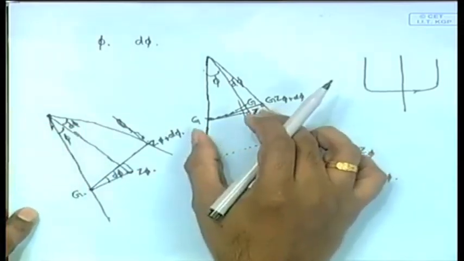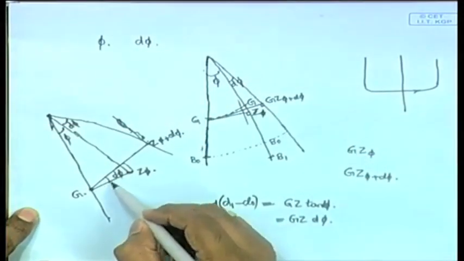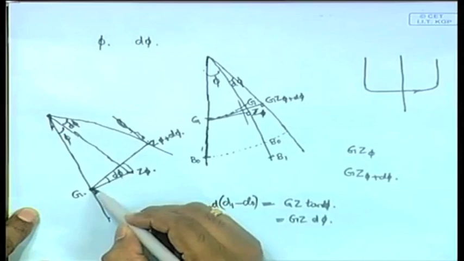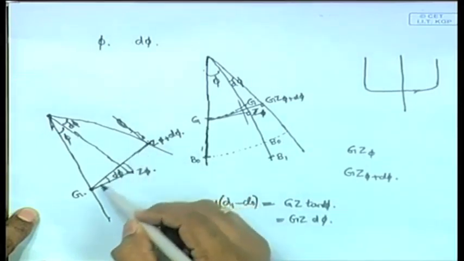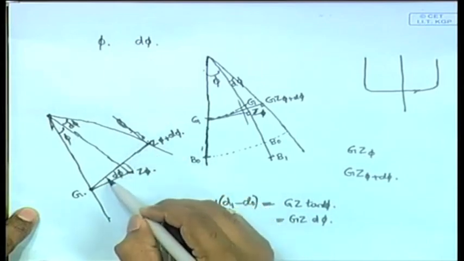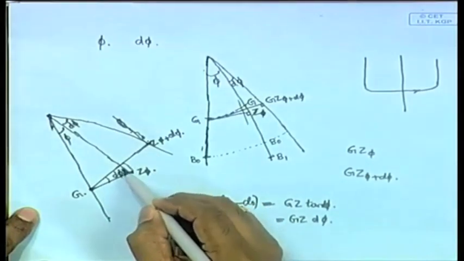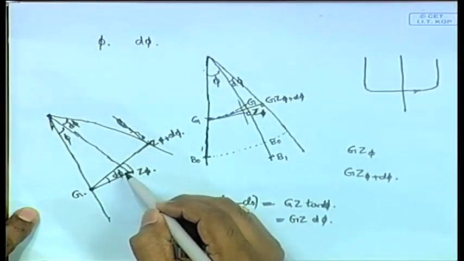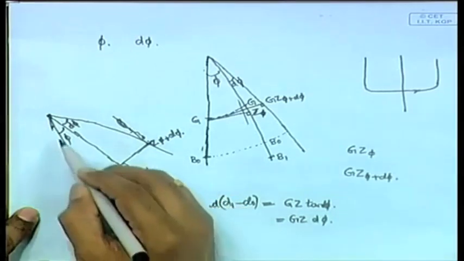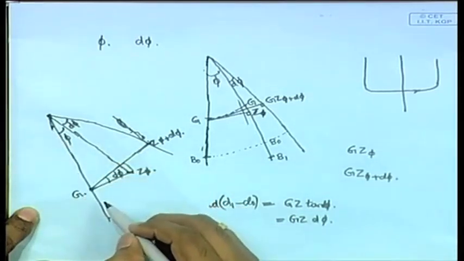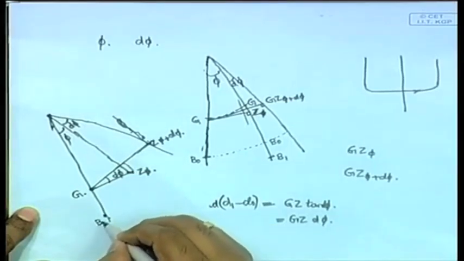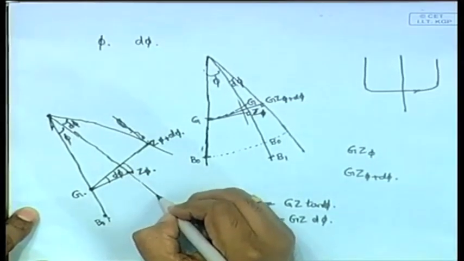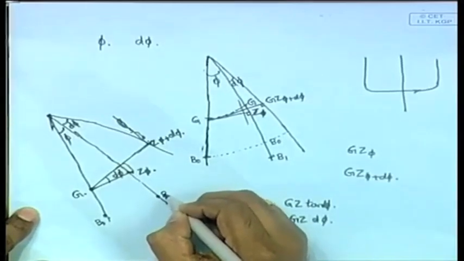Now if you just take that small part out, this will look something like this: there will be a GZ phi like this, and GZ phi plus d phi like this, so two of them, and this angle will be d phi. Now this distance will be d0 minus d1. This is b0, this is b1.